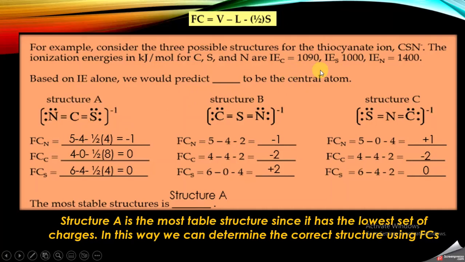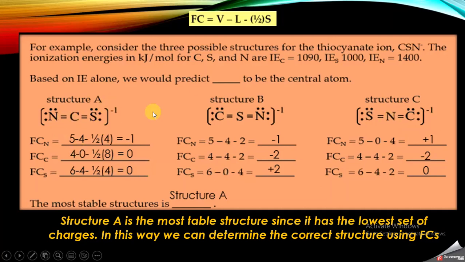Here you can see that it's sulfur, and based on this sulfur should be in the center. But let's hypothetically draw 3 structures where we have carbon in the center in structure A, sulfur in structure B, and nitrogen in the center in structure C.